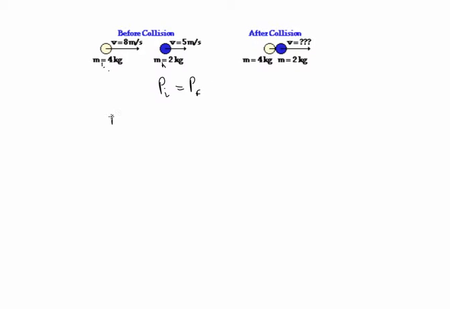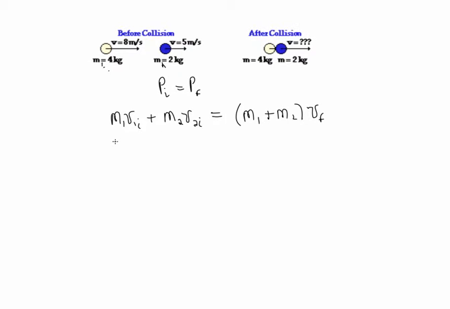So I can add up the momentums of both object 1 and object 2. But this time when they stick together, their final velocities will be the same. And since the final velocity is going to be the same, I can just add up their masses right here. I'm factoring out the final velocity. And my equation now looks like this because they both have the same final velocity.